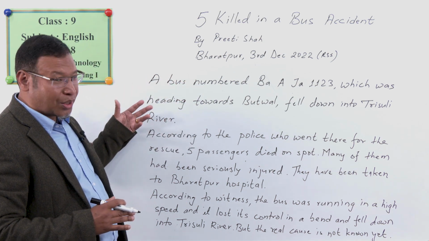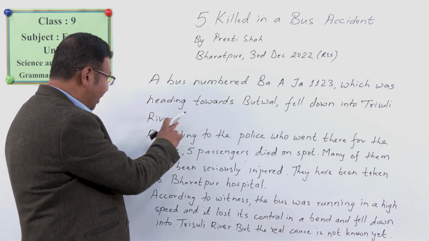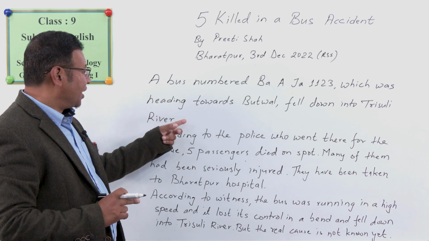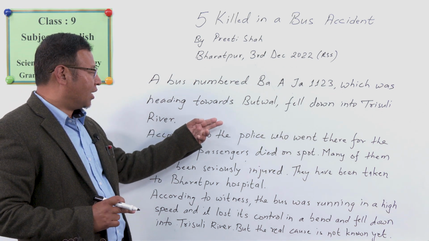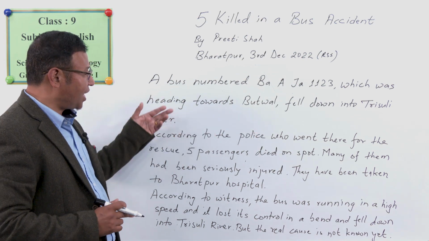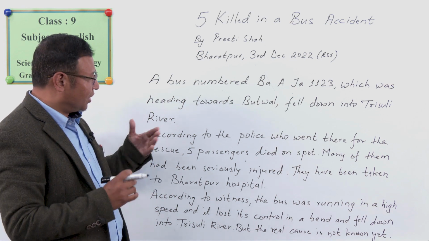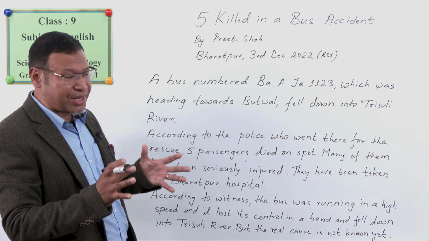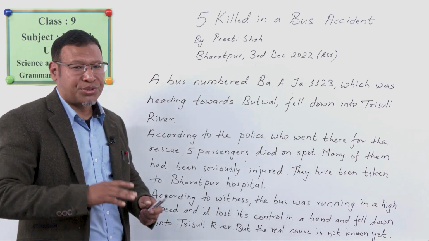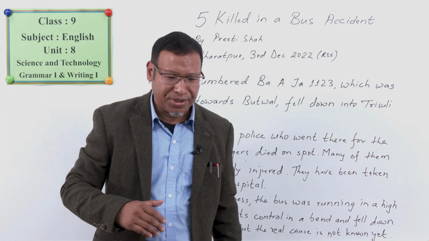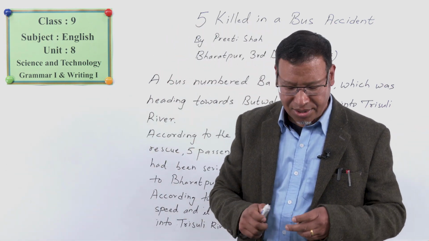You can add where and when it happened. For example, it happened yesterday evening near Mugling, or it happened yesterday evening near Bhaktapur. Okay, so you can add this information as far as possible, and you can add other extra information to form a story. So I hope in this way you will try to develop a better story, like this.